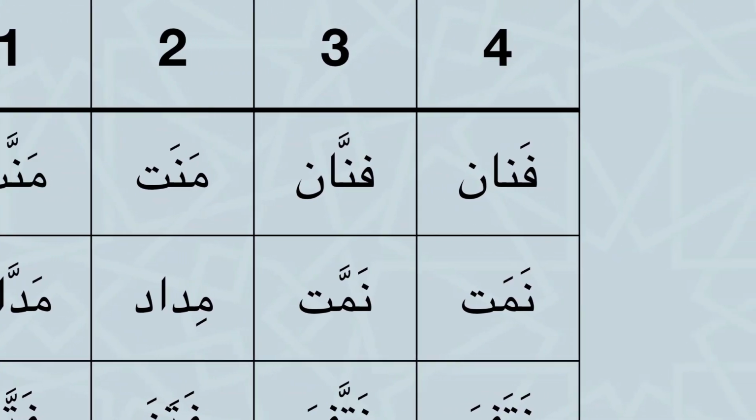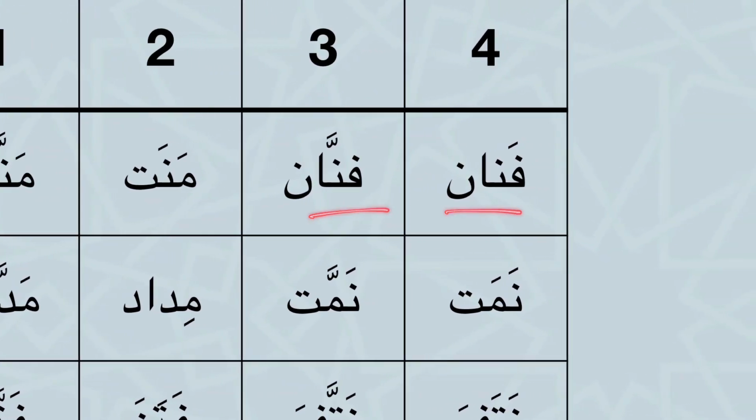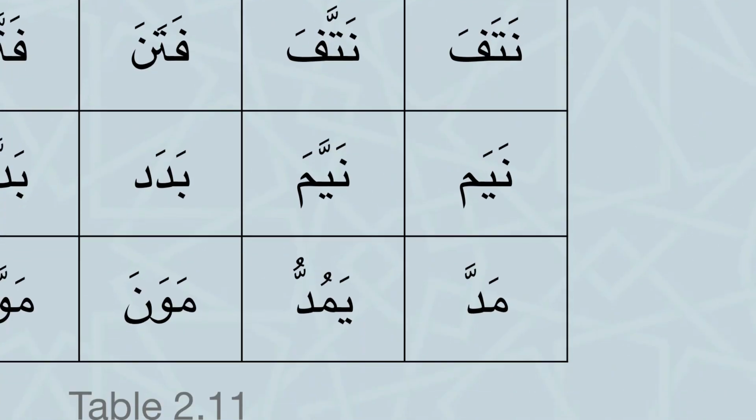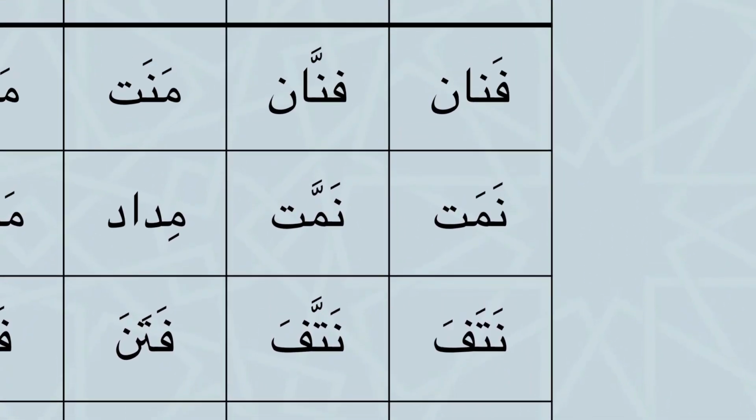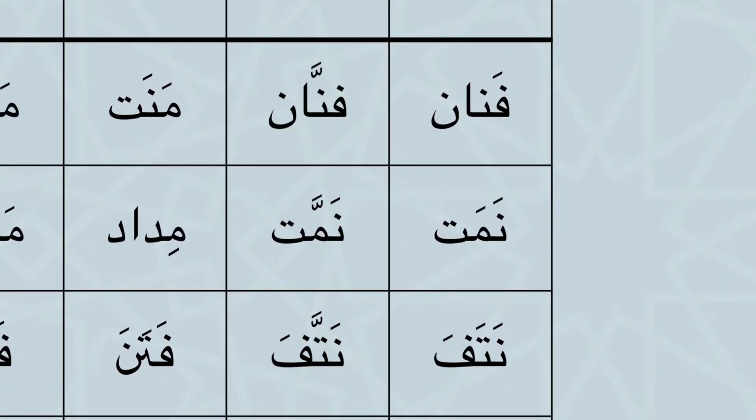Let's contrast 4 and 3. Fa has a fatha, noon is a long vowel, and so it's fanan, fanan, fanan, and fannan, fannan, fannan.